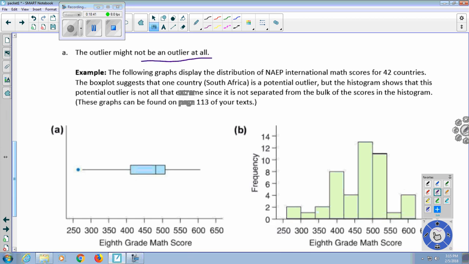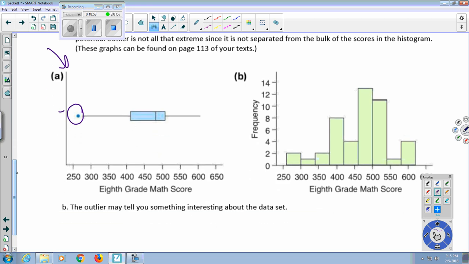For example, we might see something like this graph here where the modified box plot shows us we do have one potential outlier. But if we look at the histogram, we realize this data is actually just skewed a little bit to the left. There's no big gaps between the bins. So it's really maybe not an outlier at all.